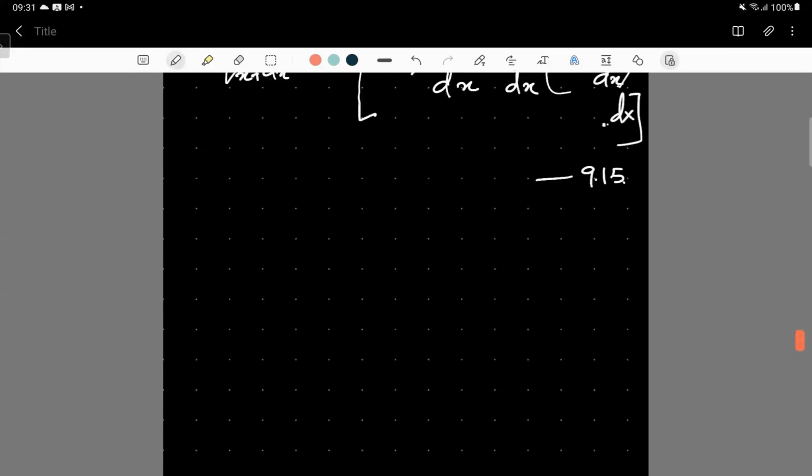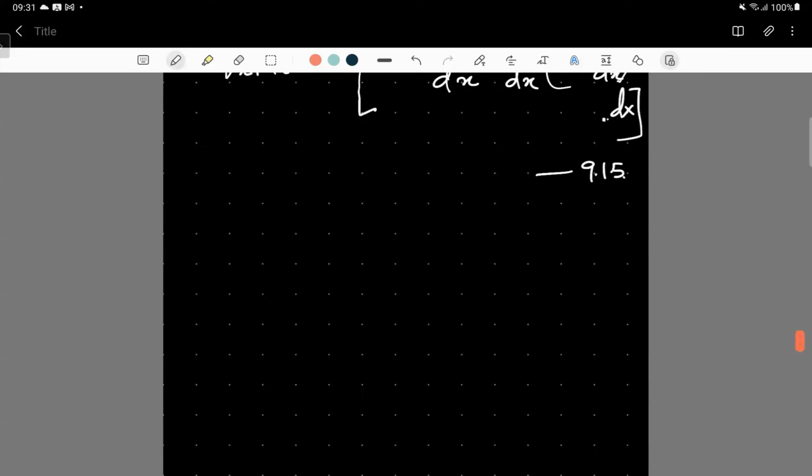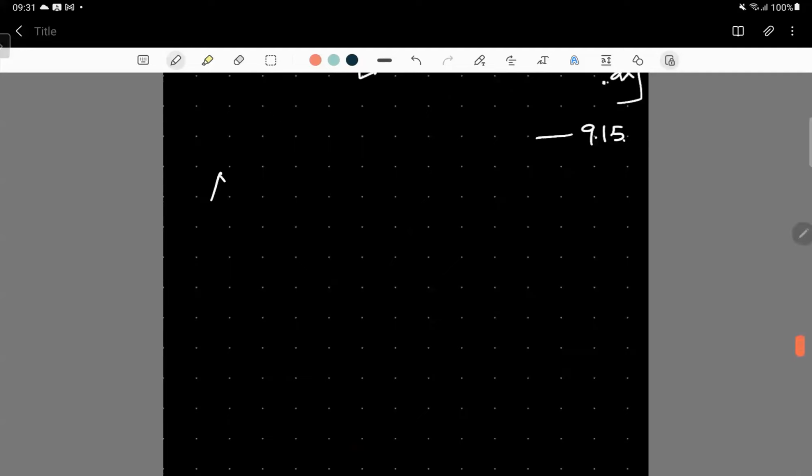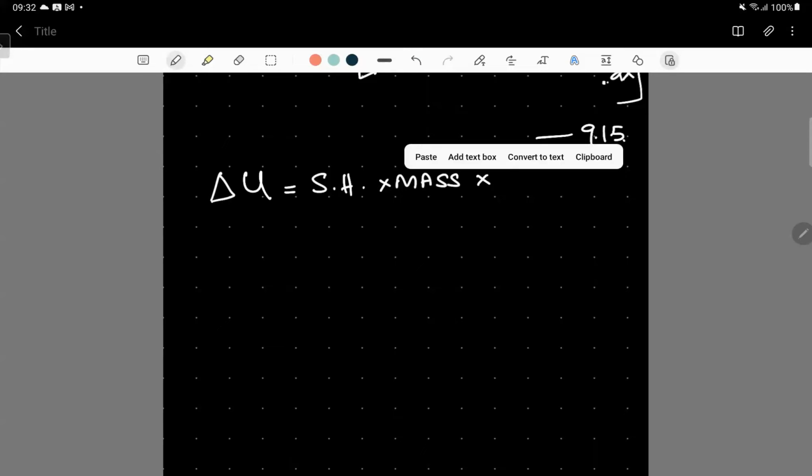How can we write the change of the stored energy? It's quite simple. It can be written as the specific heat of the material multiplied by the mass, and of course the change in the temperature.